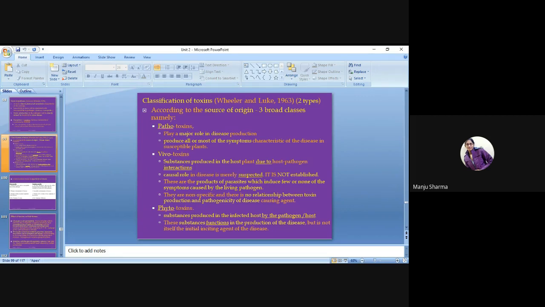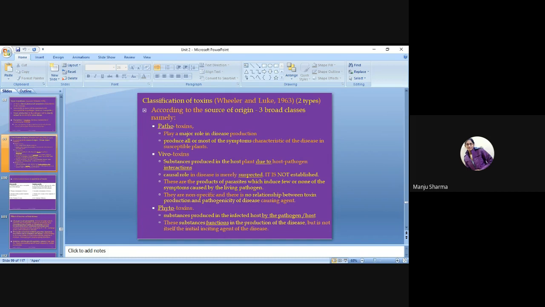According to the source of origin, there are three broad classes, namely first pathotoxin, second vivotoxin, and third phytotoxin. If a toxin is related to patho, and patho means disease, the pathotoxins play a major role in disease production, producing all or most of the symptoms characteristic of the disease in susceptible plants.